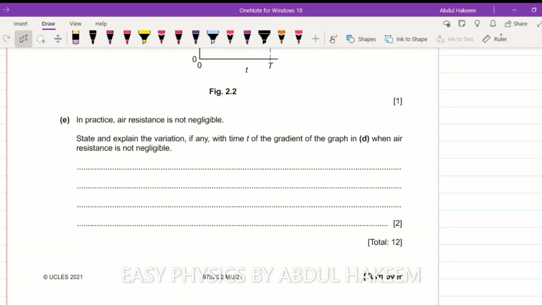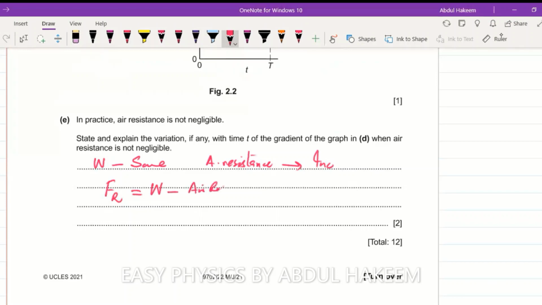Look, when the air is considered, weight of the falling object remains the same, air resistance increases with speed, thus the resultant force, which is the difference of the weight downward and air resistance on the object falling down upward, decreases because the weight is constant and this is increasing.